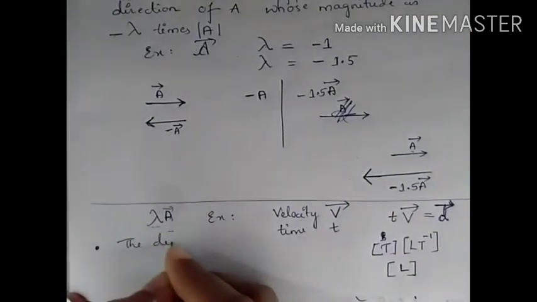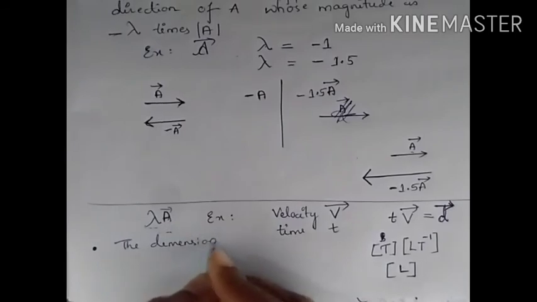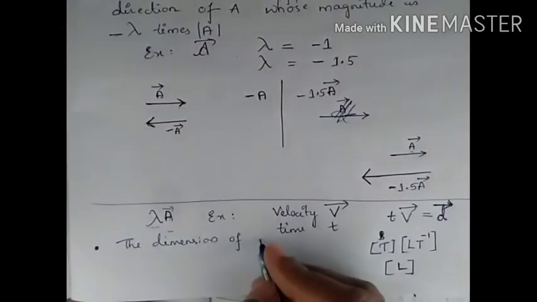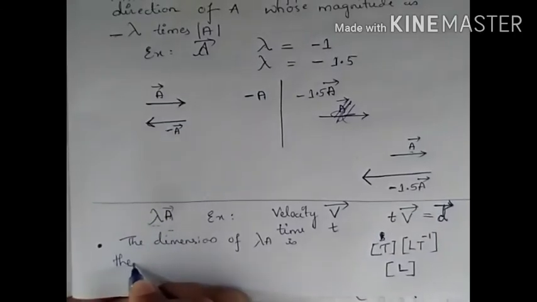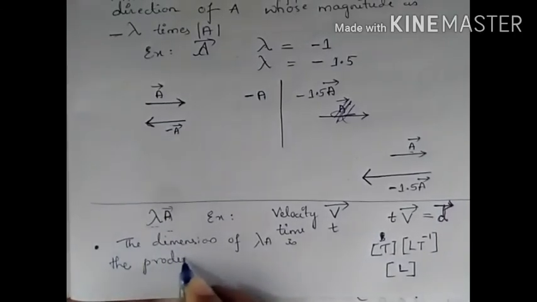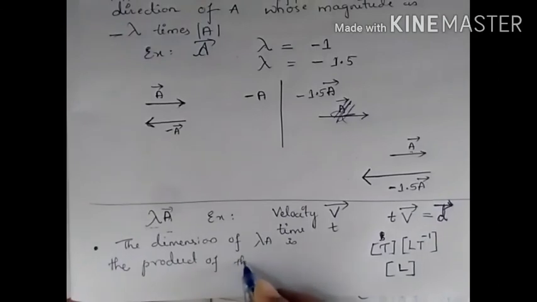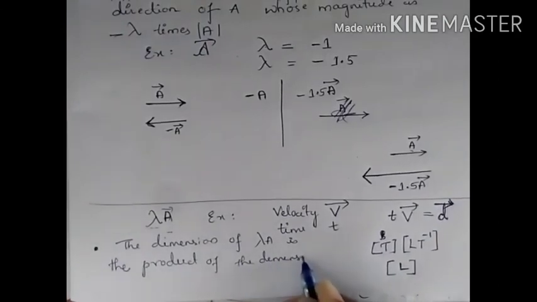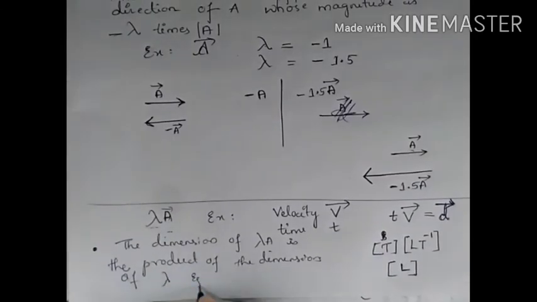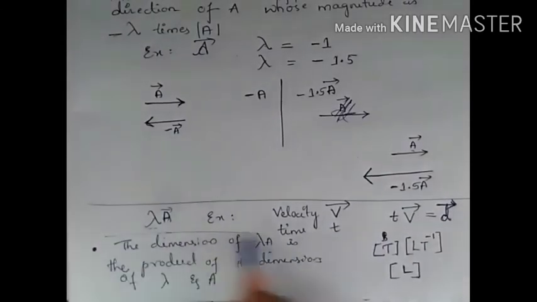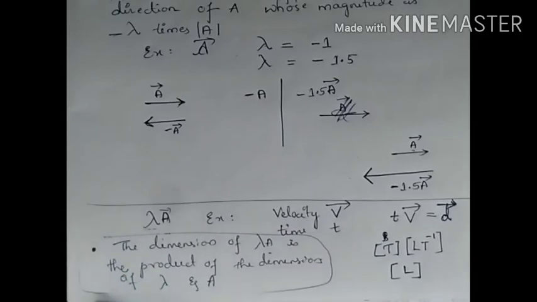So the dimension of lambda A is the product of the dimensions of lambda and A. So this is the point that you have to remember.